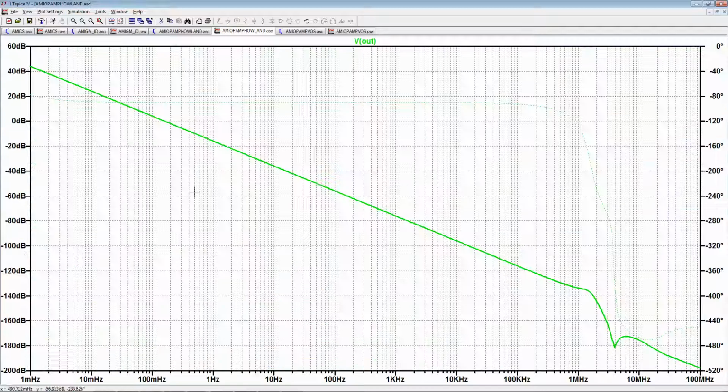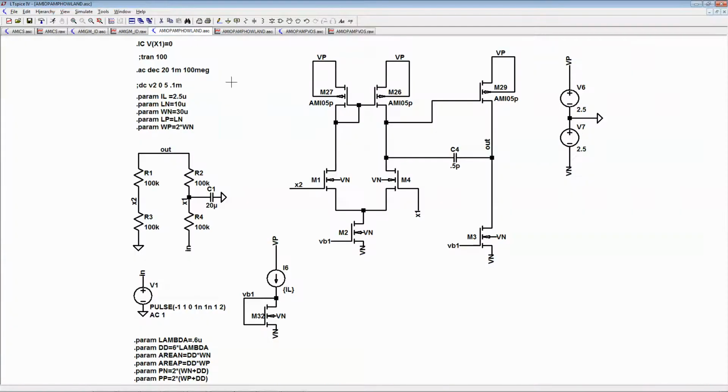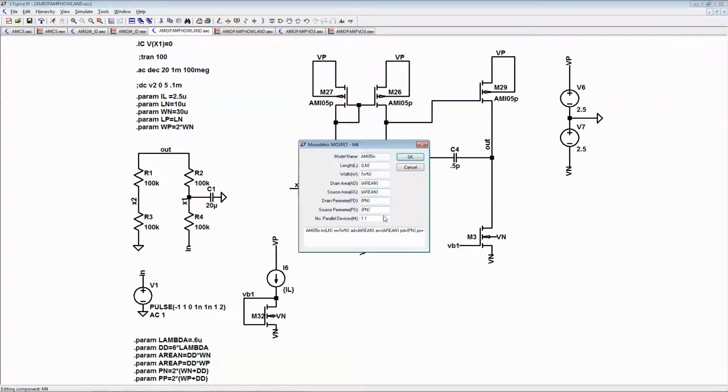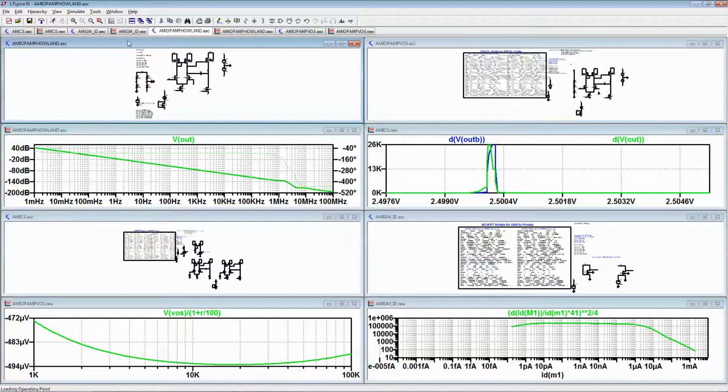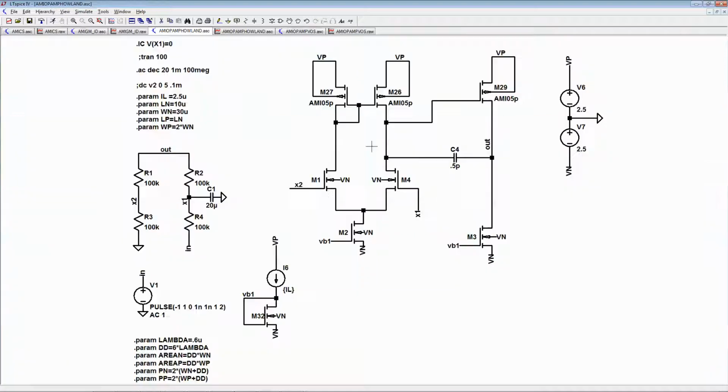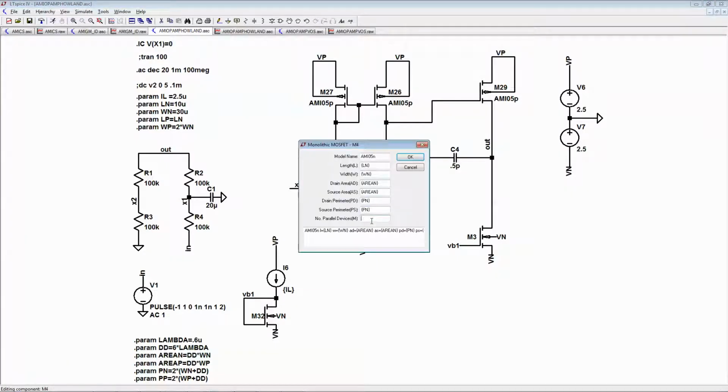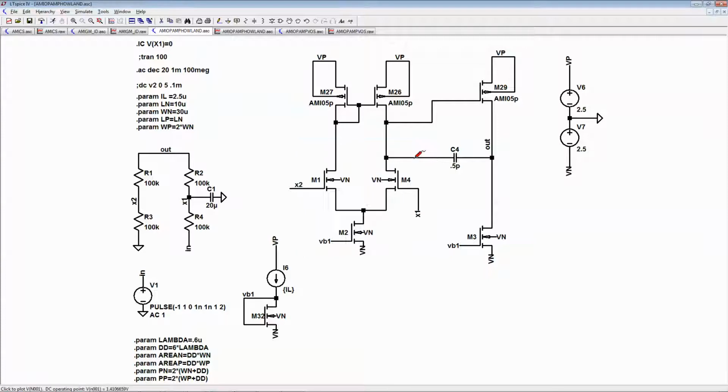right? And you can see that I'm still getting integrator-like activity, but when we look at the transient, we'll see that's not quite the case. Trying to really get it. Anyway, so that.